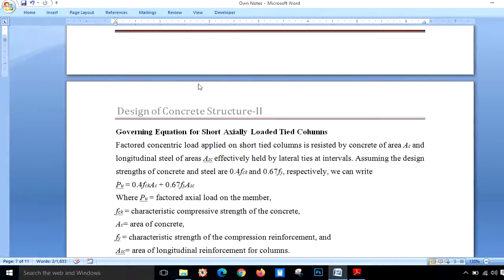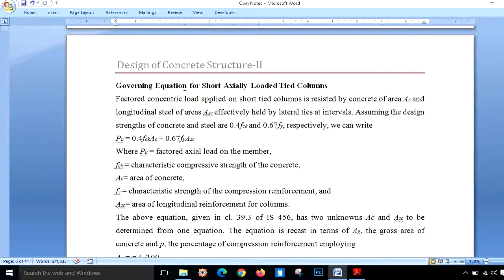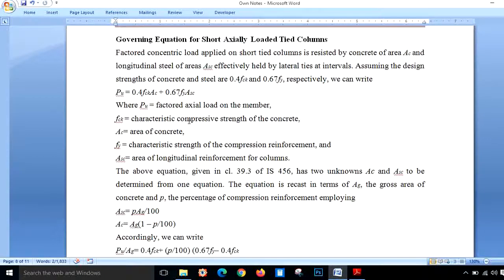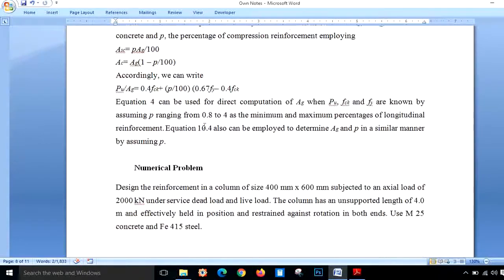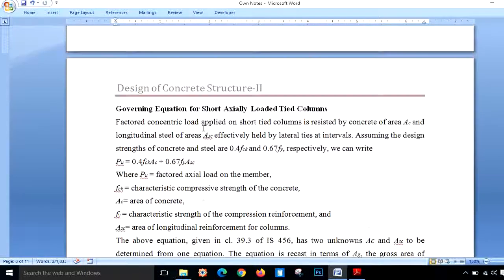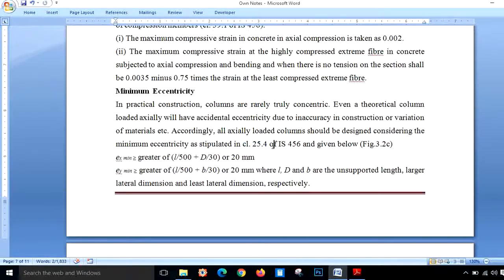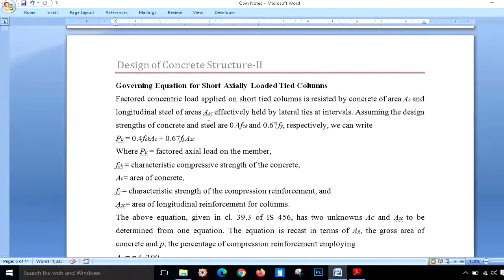So this is about minimum eccentricity. Now there are some governing equations given in IS 456 for designing columns. In the next session, we are going to go through these governing equations and solve numerical problems on them.